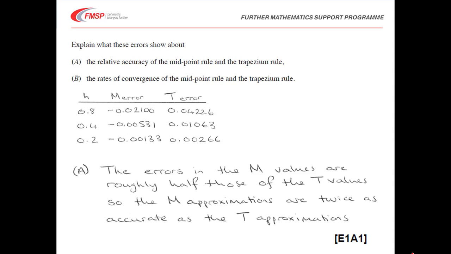So the explanations, you get basically 1 mark for your explanation, and you get an answer mark for relating that to the size. Okay, so it's basically for saying that one of them's half the other, and explaining it, therefore the one approximation is twice as accurate as the other.